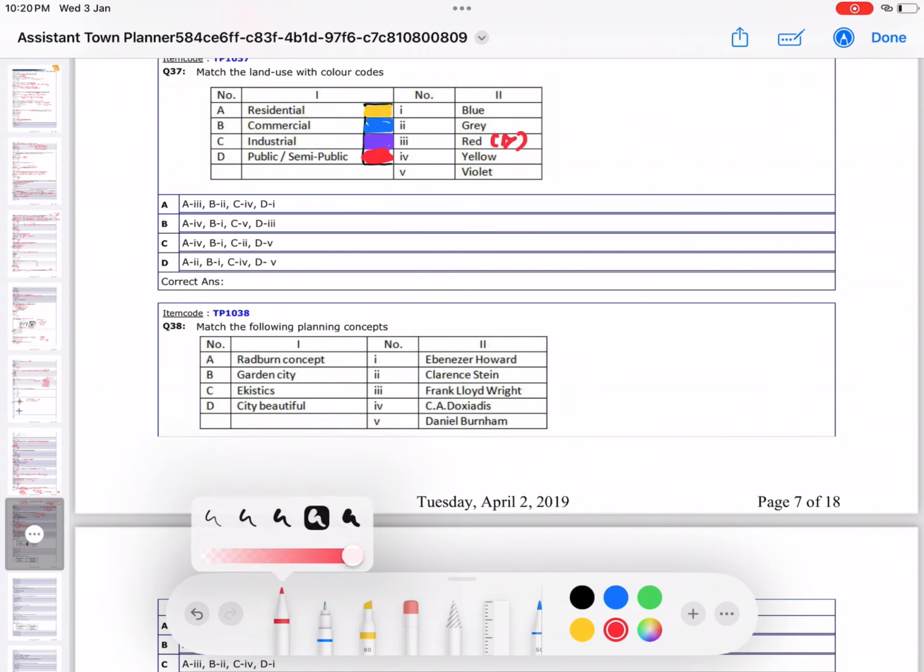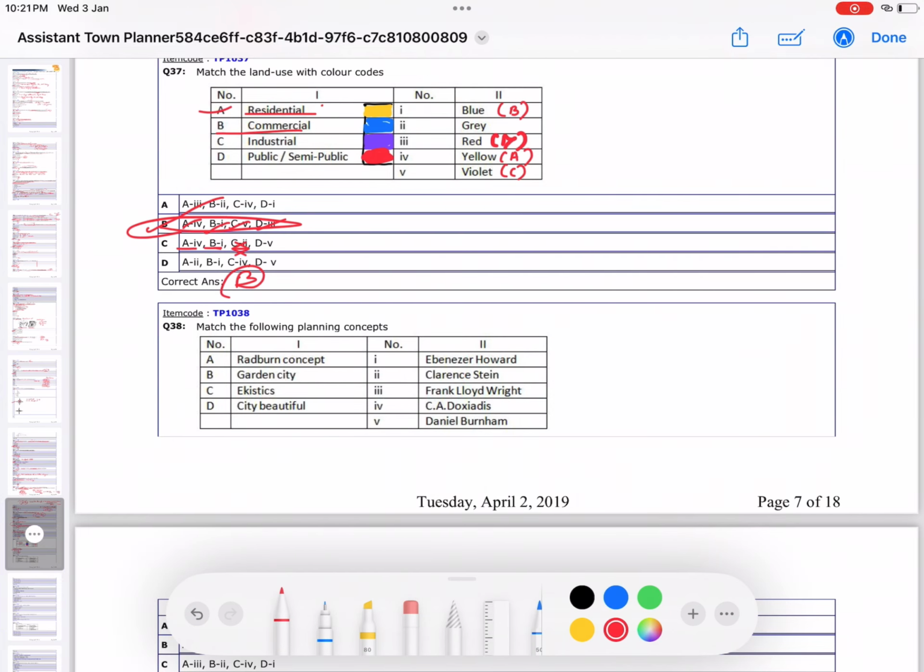D, industrial. C, commercial, blue, and yellow, A. Fourth. No, this is not. Fourth. So B is the answer.